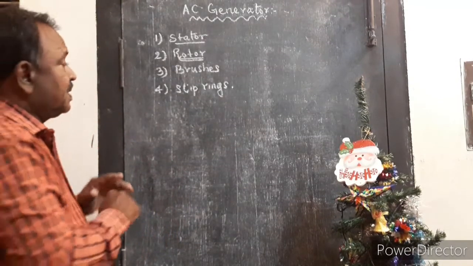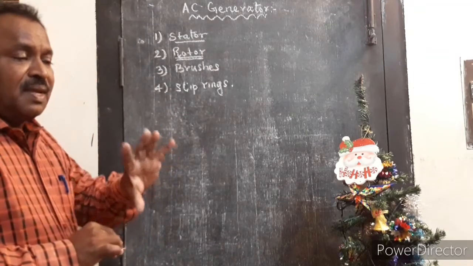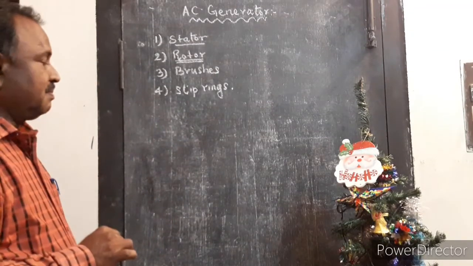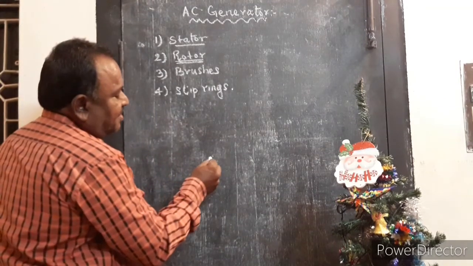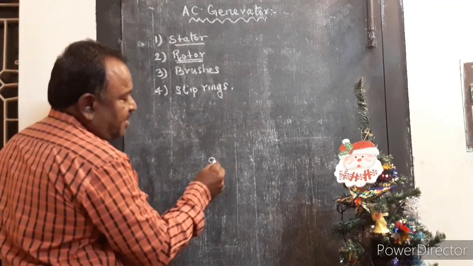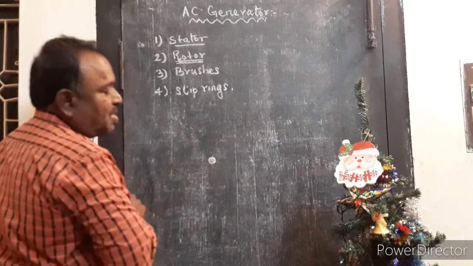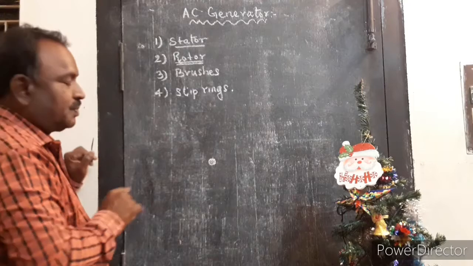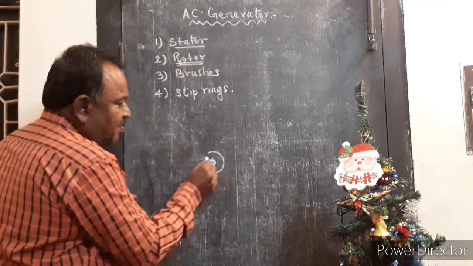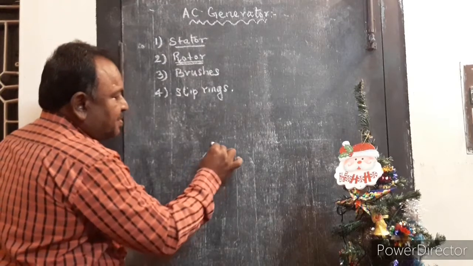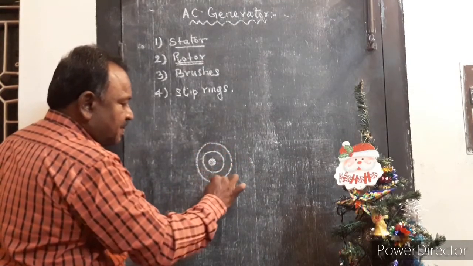That is, using this rotor we are producing the magnetic field. The rotor has an axis which is rotated with a constant speed using a rotating mechanism. To this axis we have two slip rings. These are the two slip rings.